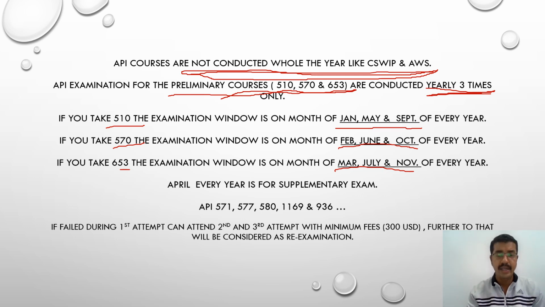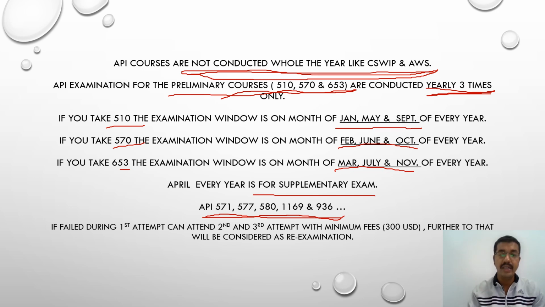What are the supplementary exams? 571, damage mechanisms, welding, RBI, pipeline inspections: 571, 577, 580, 1169, 936. These happen in the month of April.